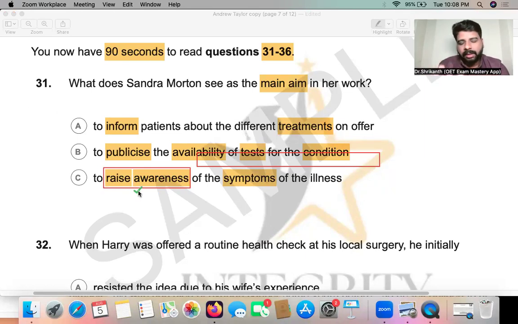But there is another part of the answer option that is still remaining. What is that? The symptoms. About what is she trying to spread awareness? She's trying to spread awareness about the symptoms of the illness. So symptoms we have not yet read. Let's confirm whether they are going to talk about the symptoms.